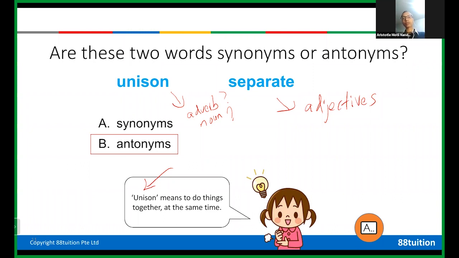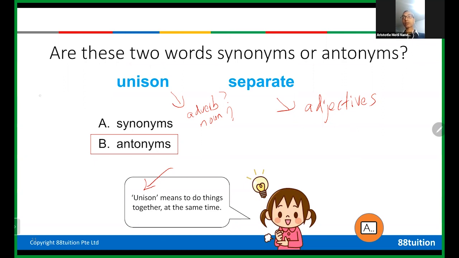You just open a dictionary and look for the word. There are online dictionaries also, and you look for the word unison, and it will tell you what kind of word it is. It's a noun, because in unison means doing it together. They echoed in unison. They cried out in unison.